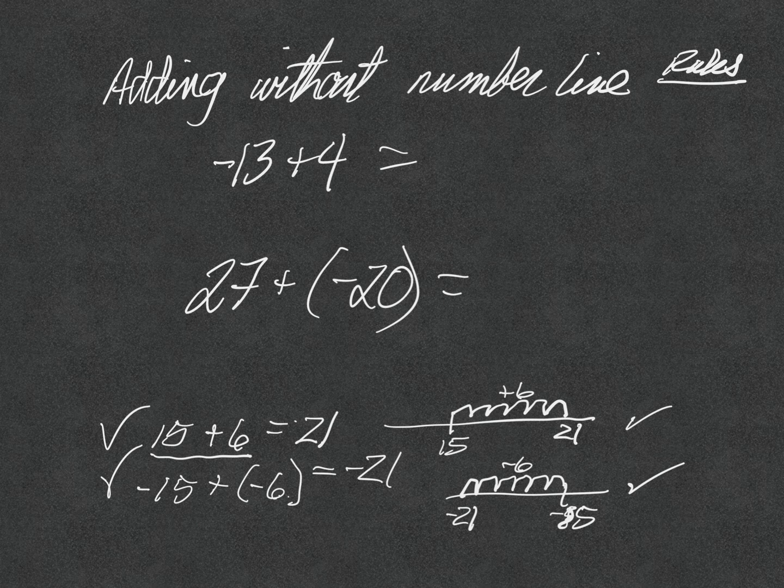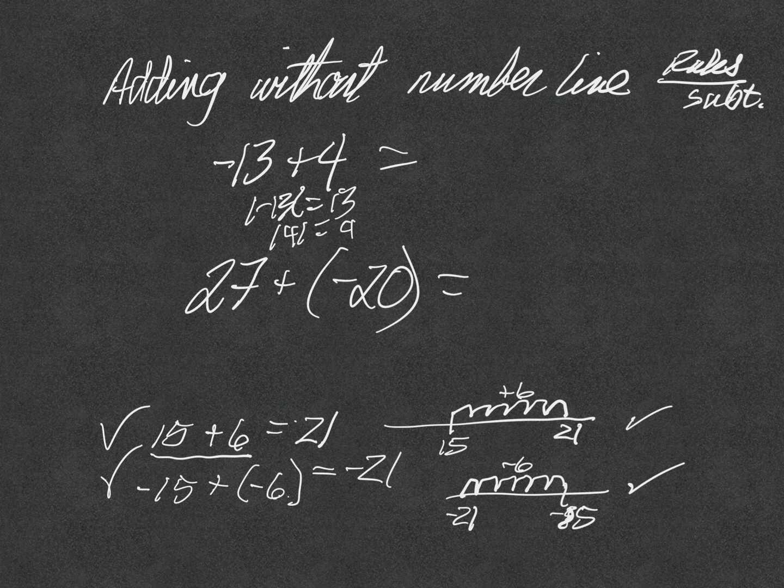Now, what happens when you have a positive and a negative? The rule states turn it into a subtraction problem. In other words, you take the absolute value of the two numbers. The absolute value of negative 13 is 13, and the absolute value of 4 is 4.